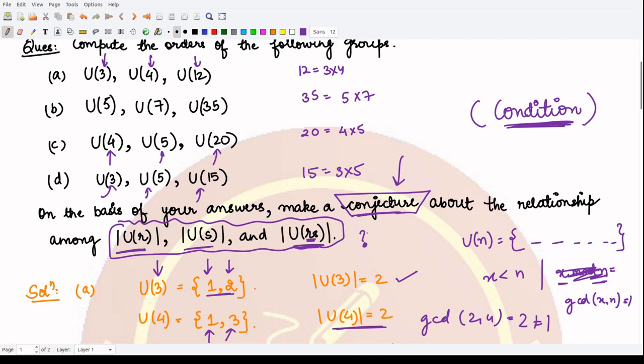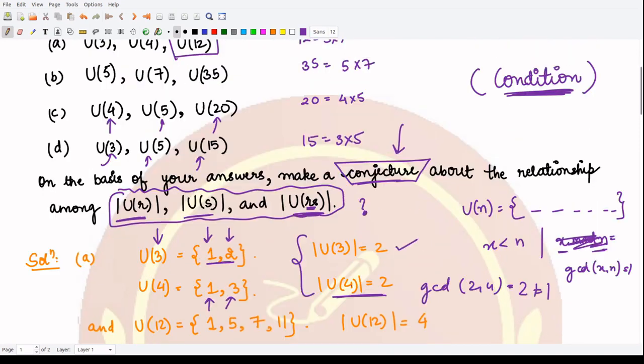Now let's see what is the order of U12 and can we have anything in relation with these orders. So for U12 we are looking for all the elements having GCD with 12 equal to 1, right?